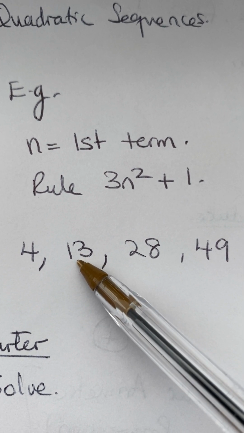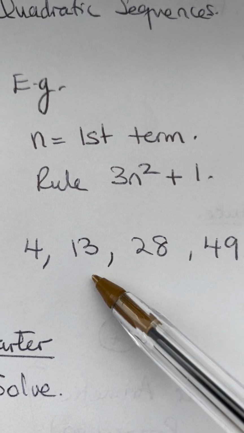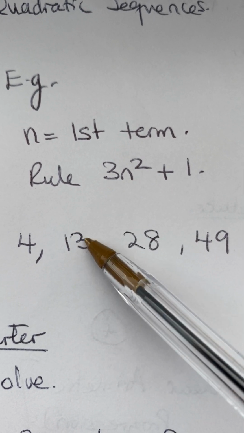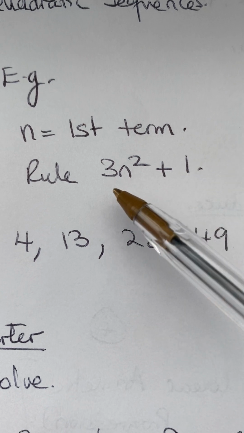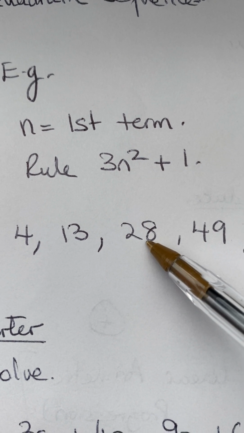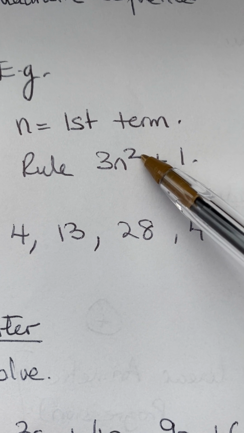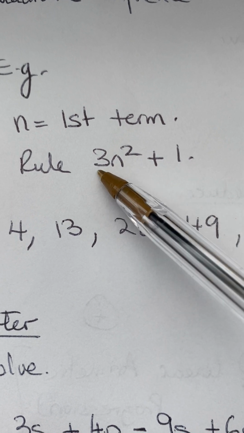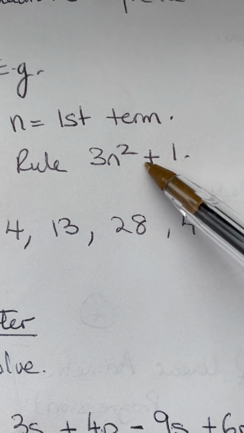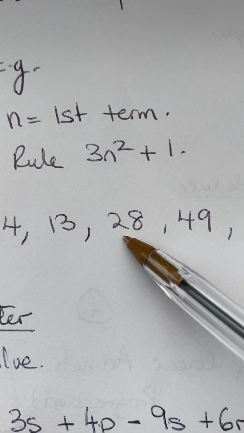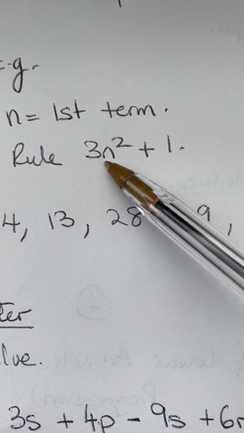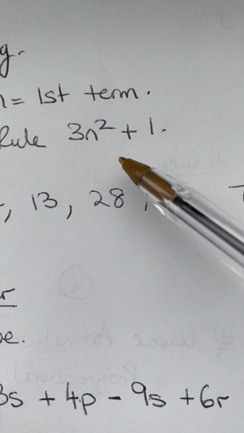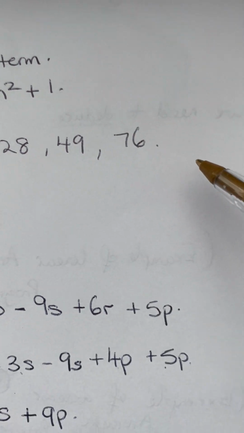For n equals 2, the second term: 2 squared is 4, times 3 is 12, plus 1 is 13. For n equals 3, the third term: 3 squared is 9, times 3 is 27, plus 1 is 28. 4 squared is 16, times 3 is 48, plus 1 is 49, and so on.